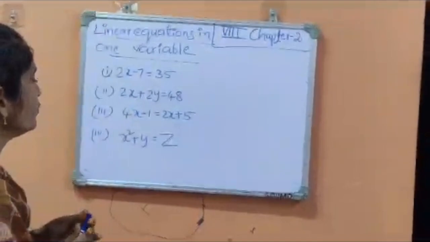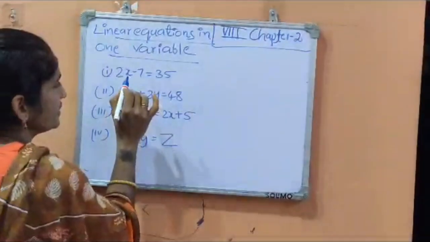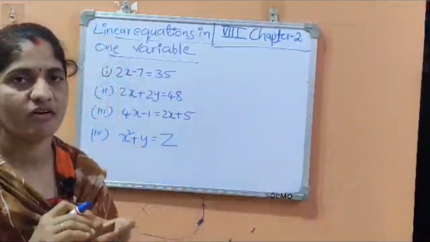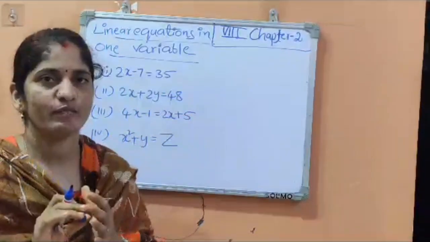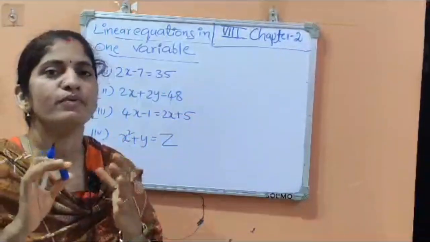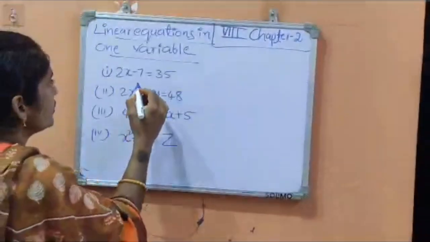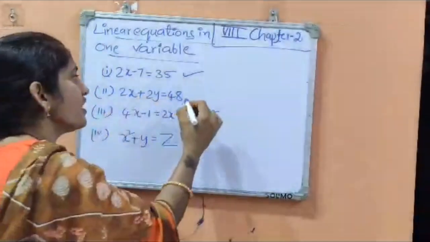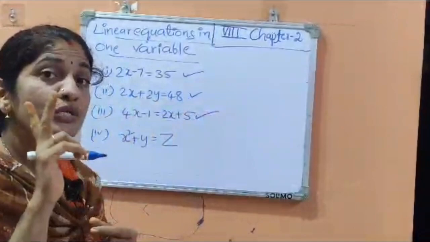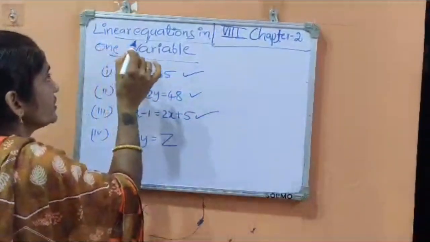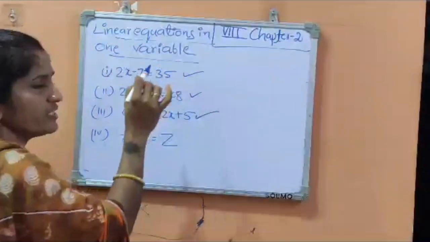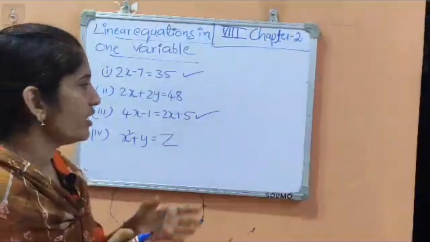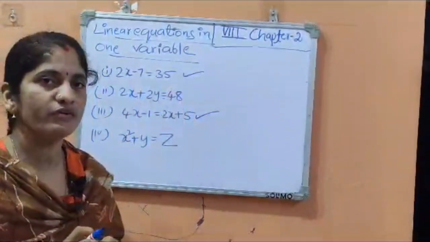Equations which have only one variable are called linear equations in one variable, also called simple equations. So this one is a simple equation, this one is also a simple equation, and this one is in two variables. We are studying linear equations in one variable.